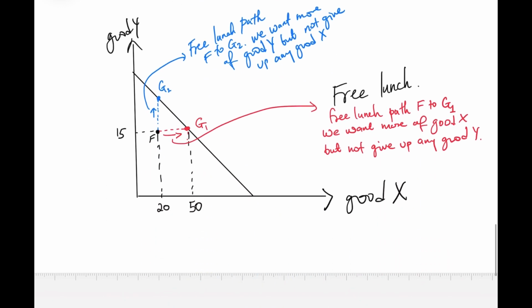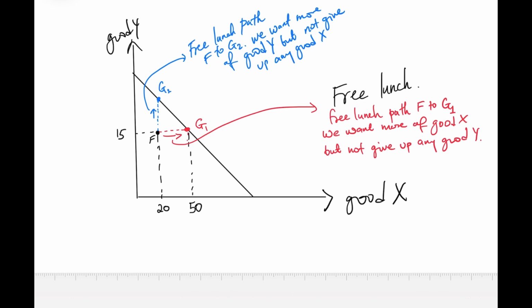With a free lunch, it's a little different. And hopefully you can see the red that's showing the free lunch path from F to G1. We want more of good X, but not give up any of good Y.